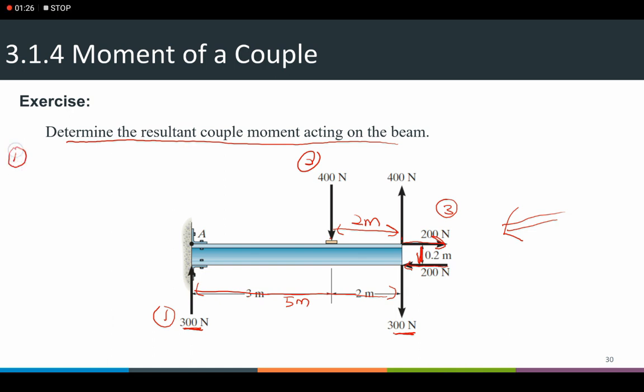First, we already know counterclockwise moment is always positive, equal to force multiplied by d. Force multiplied by distance. We solve the first one. 300 Newton, look at this direction.